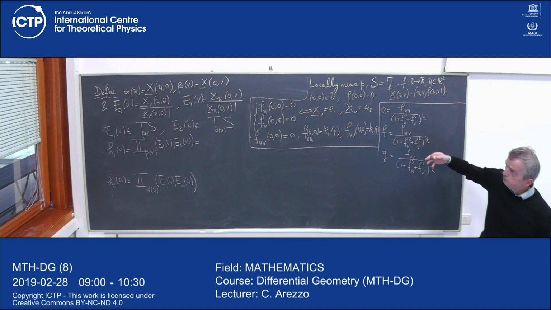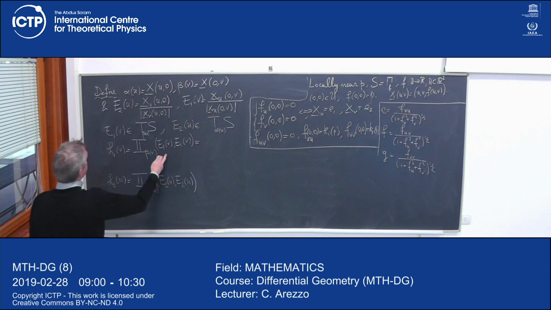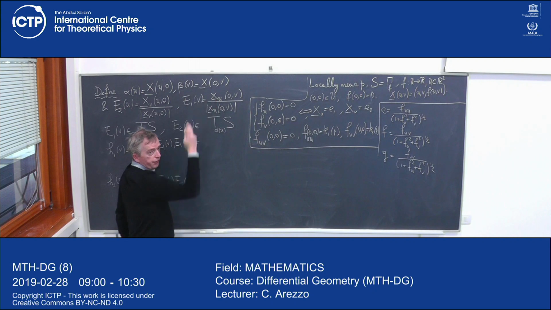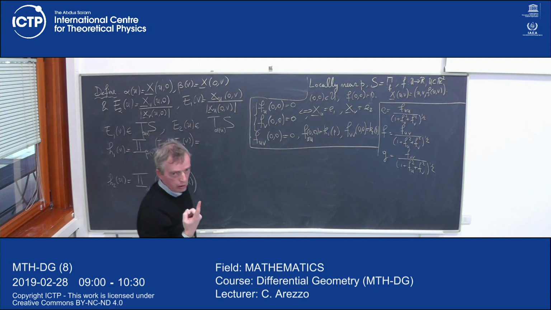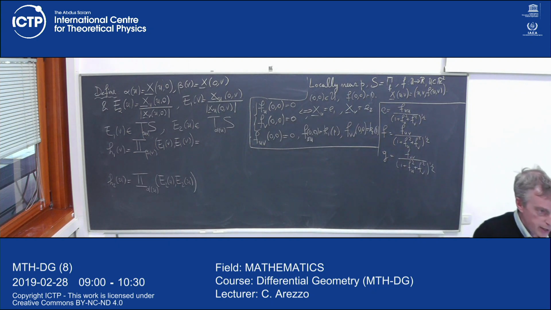Okay, so, and e1, actually, for example, let's focus on e1. e1 is essentially, up to renormalization, which I take out because it's a quadratic form, so I know how to do it, XU, so it's the first direction. No? In my choice of basis, I've chosen XU as the first vector of my basis. And this, again, is true everywhere, locally.